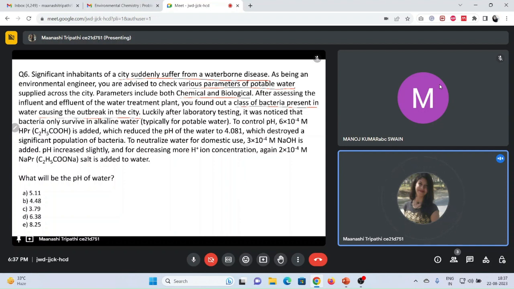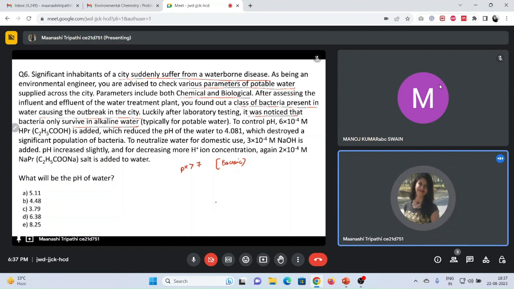These bacteria are surviving in alkaline water, meaning when pH is greater than 7, these bacteria are thriving.